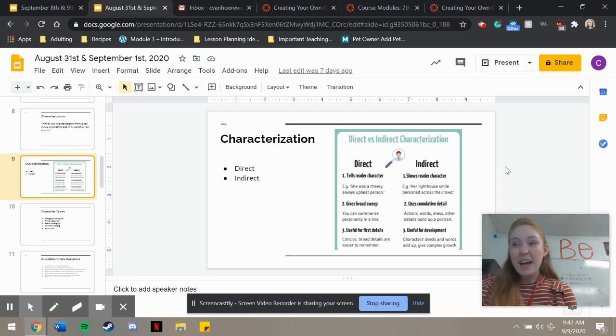So if someone is smiling a lot in a really bright and dramatic and exaggerated way, you can kind of make guesses that maybe that person is a happy or cheery person. So it's two sides to the same coin. Both of these types of characterizations are important, but one is a little bit more subtle and one is fittingly more direct.